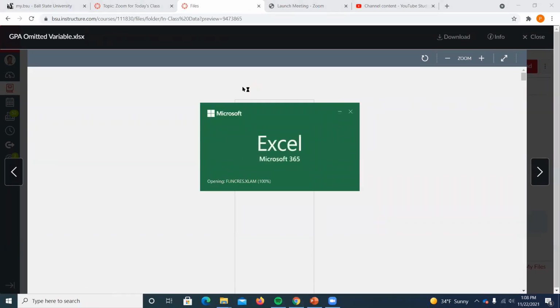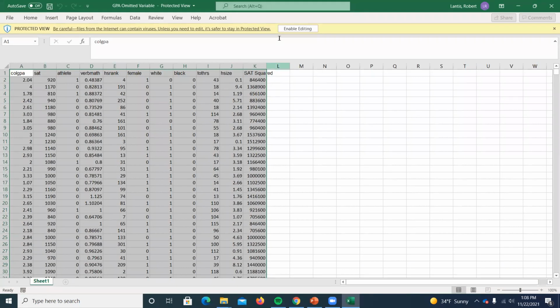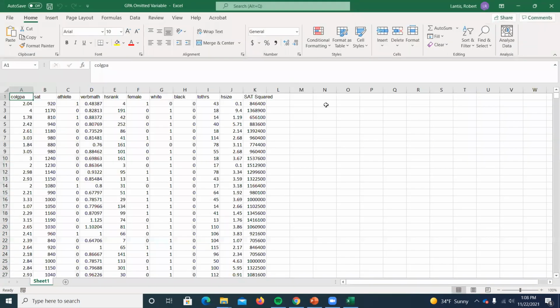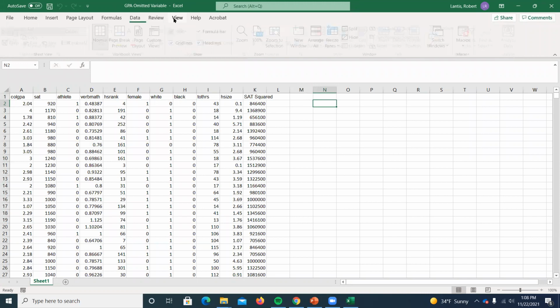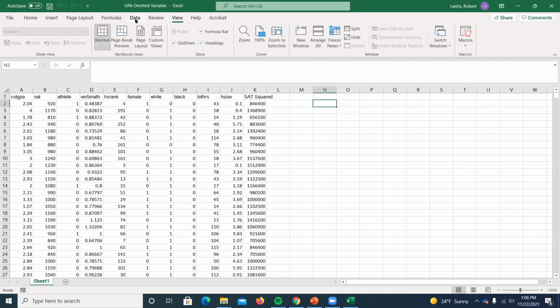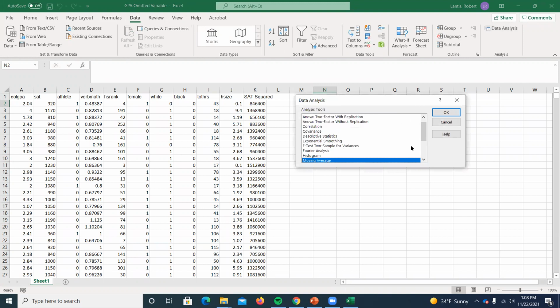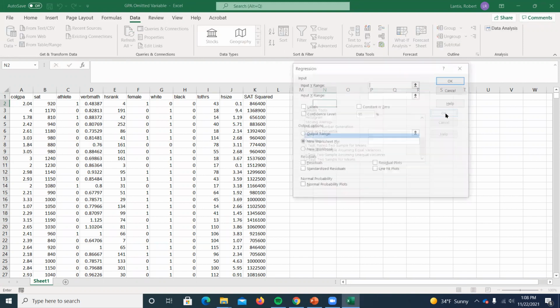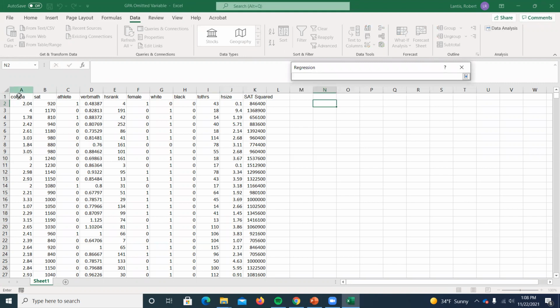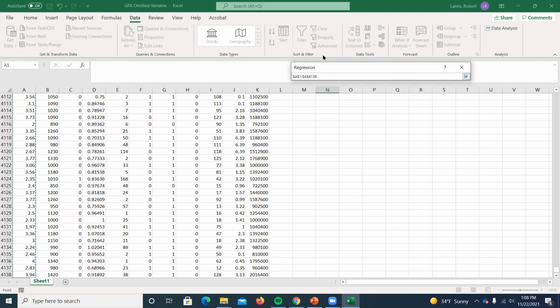Just as a reminder of some things we talked about last week, if I run this regression, I go to data analysis, my regression option, my Y variable, let's just do GPA.